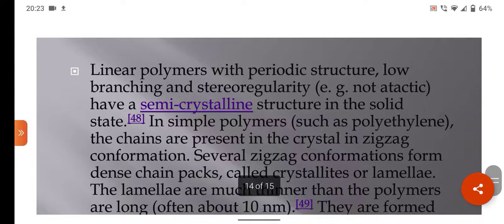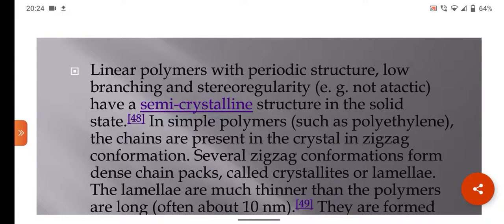Linear polymers with periodic structure, low branching, and stereoregularity, for example non-atactic, have a semi-crystalline structure in the solid state. In simple polymers such as polythene, the chains are present in the crystal in zigzag conformation.